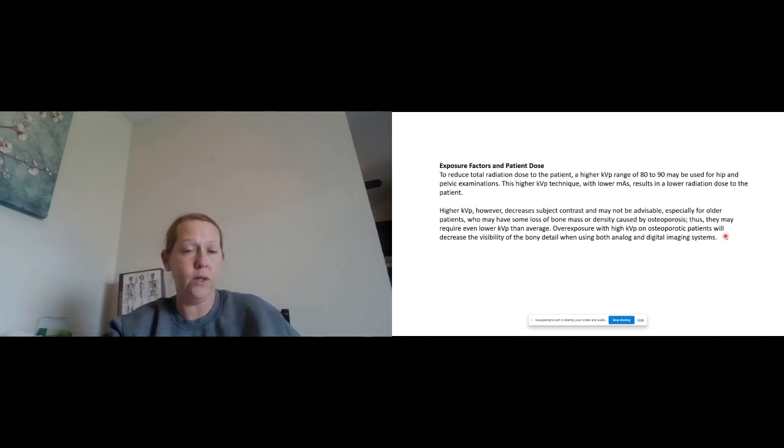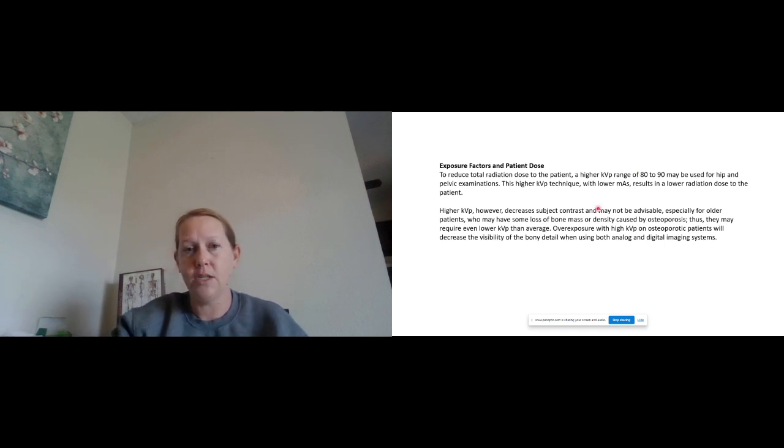Okay, so this is where we're going to have to start playing guessing games about, okay, if I normally do a hip at 80 and I have this very tiny patient who obviously has a hip fracture, I might want to do 60, you know? And just go from there and see what I get. Otherwise, you might burn through the bone entirely.